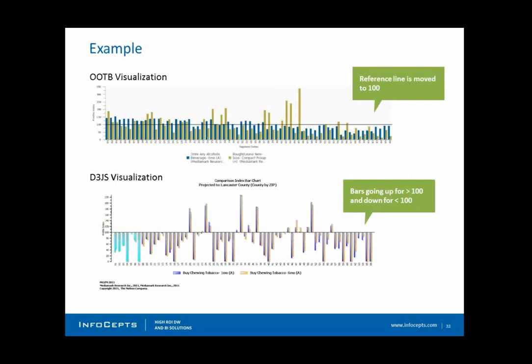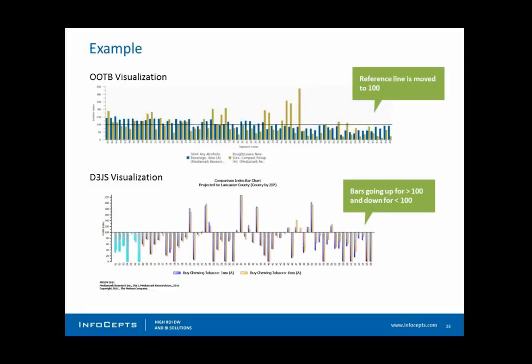Here's an example of an out-of-the-box versus a D3JS visualization. The use case here was that we needed to display an index bar chart for two attributes in the report, to give a quick comparison of two profiles with segment indices below a threshold value of 100 and above 100.